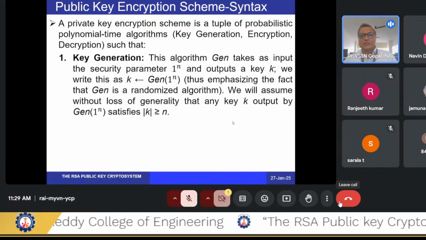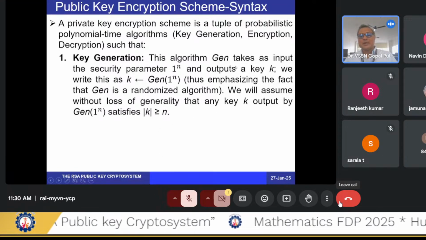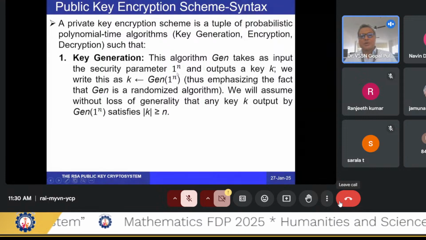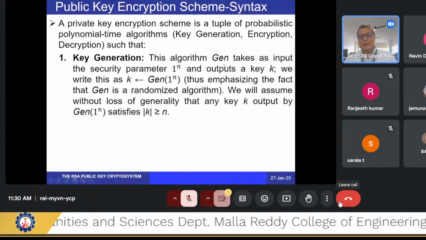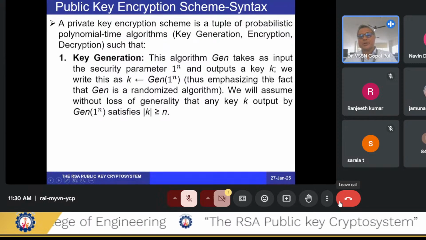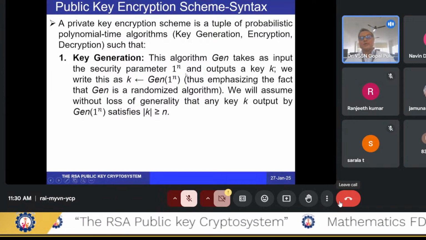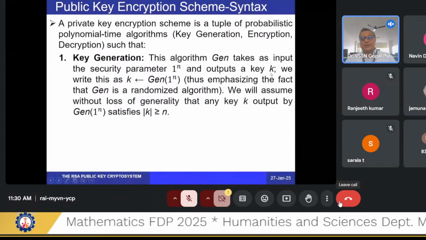Here is the first algorithm. It takes as input a security parameter, say 1 power n, and outputs a key k.